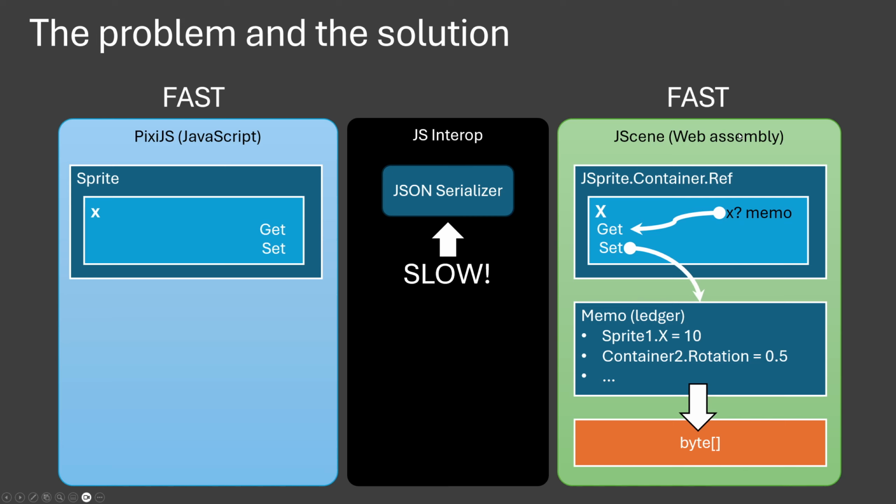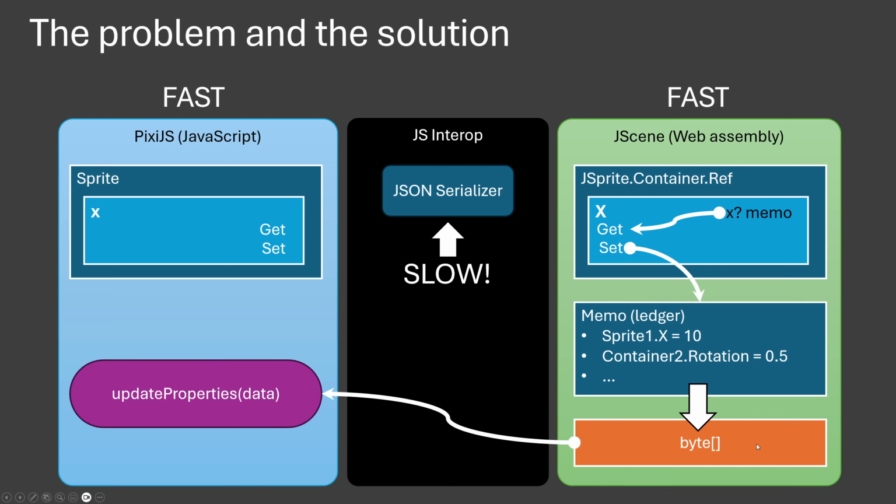And all of this is happening here on the WebAssembly side. We are not touching JavaScript yet. And once we have the byte array with all of the data about which objects, which properties, and which values we set, we take this byte array, and that is when we push this over to the JavaScript side.